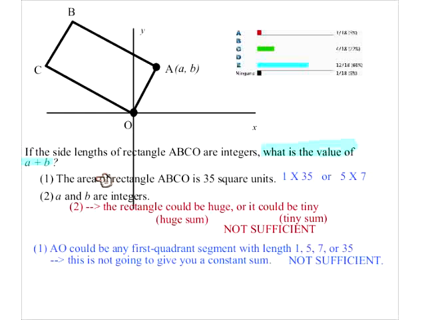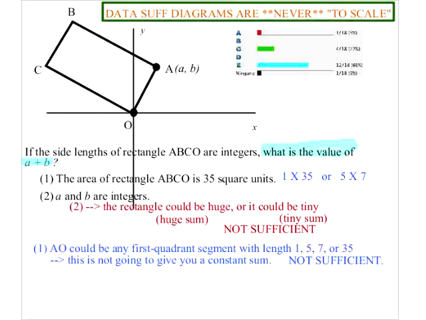Okay, AutoCheck says not safe to say BA is greater than OA. Actually, it's not. This is a good point to make in general about diagrams. Data sufficiency diagrams are never to scale, because they can't be. Scale versus not scale is a problem-solving issue, not a data sufficiency issue.